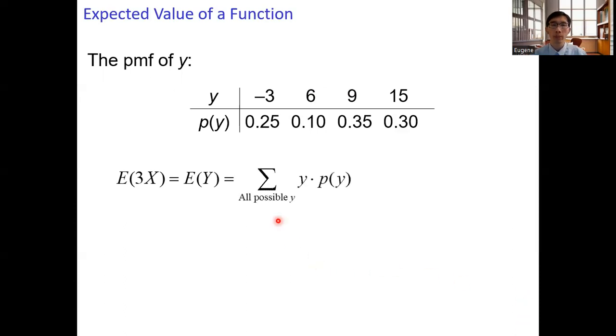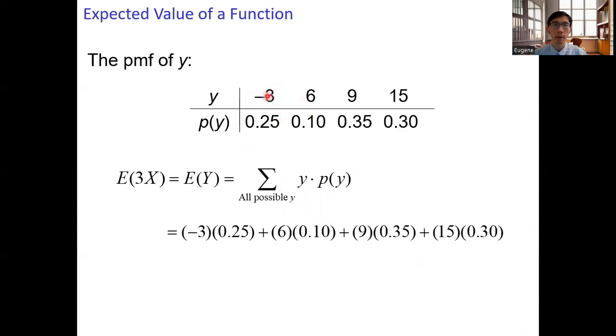We sum up all possible values of y for the expression y times p of y, and we get the first term, -3 times 0.25, plus the second term, 6 times 0.1, and the next term, 9 times 0.35, and the last term, 15 times 0.3. Upon calculation, we get the expected value of y equals 7.5, and this is also the value for the expected value of 3x.